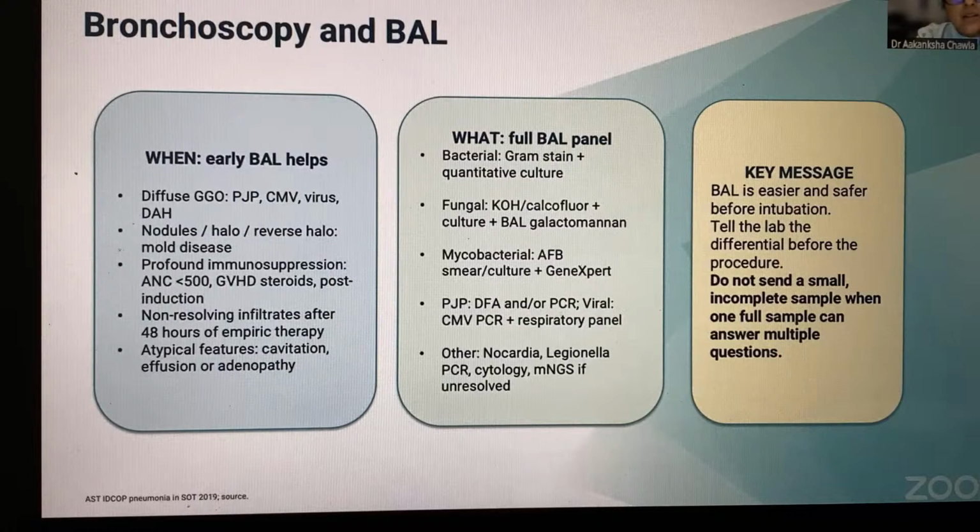Then for others, for Nocardia, modified ZN stain, Legionella PCR, cytology if you're suspecting any other non-infectious cause. Then next generation sequencing if there is still no resolution and you're not getting an answer with the appropriate microbiology that you've sent. So like I told earlier as well, BAL is easier and safer before intubation, and do not send a small incomplete sample when one full sample can answer multiple questions.